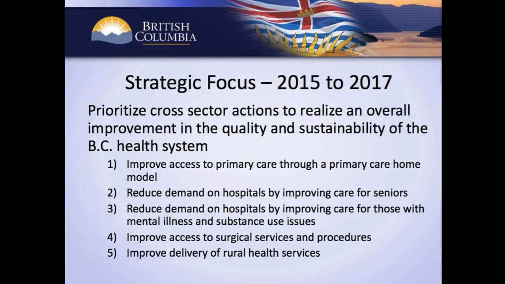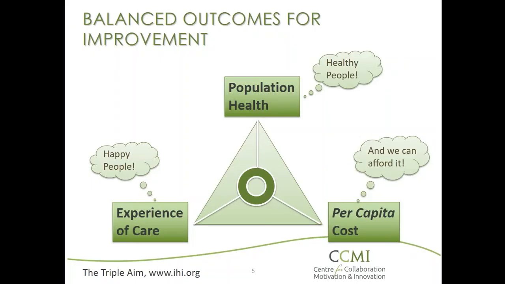So keep these in mind as we go through the presentation, because these are the areas that we want to think about as we do quality improvement and as we do self-management support: how will it impact some of these strategic priorities? The other important thing to think about is British Columbia has adopted what we call the triple aim.